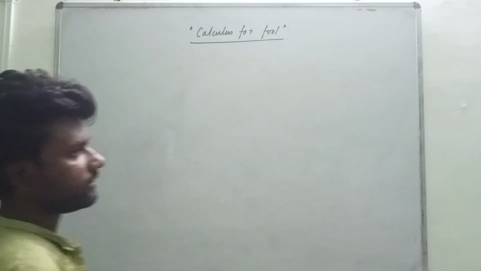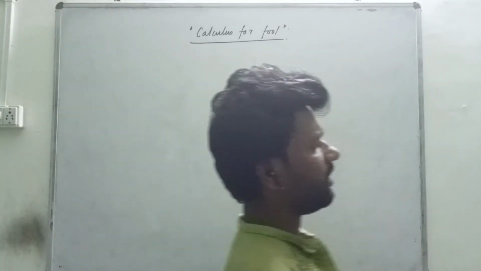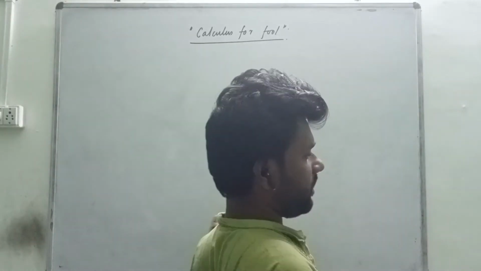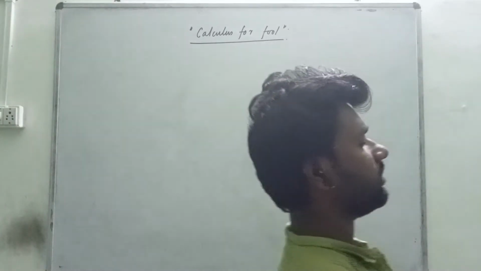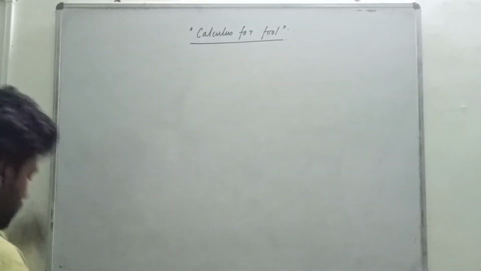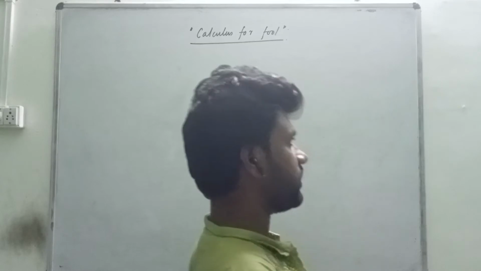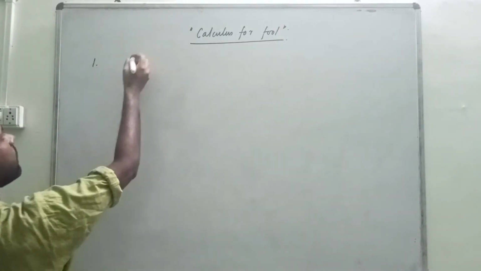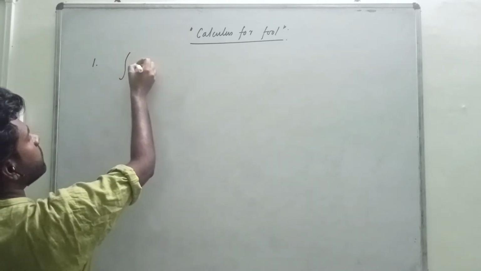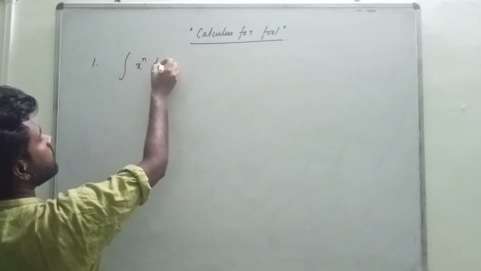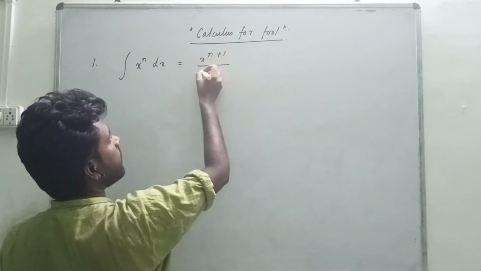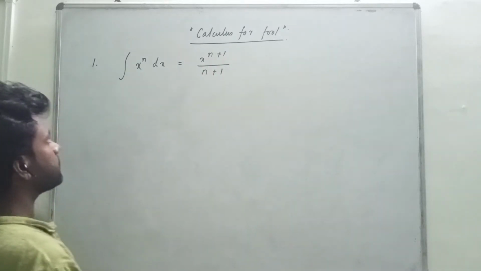Before proceeding, this is a continuation of our last lecture, part 5. There, I had introduced to you three formulas of the integrals. One of them was the integral of x power n dx, which is x power n plus 1 by n plus 1.